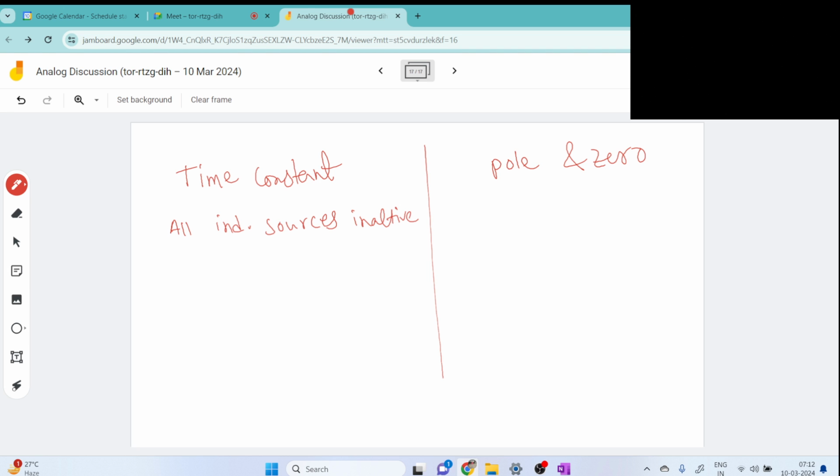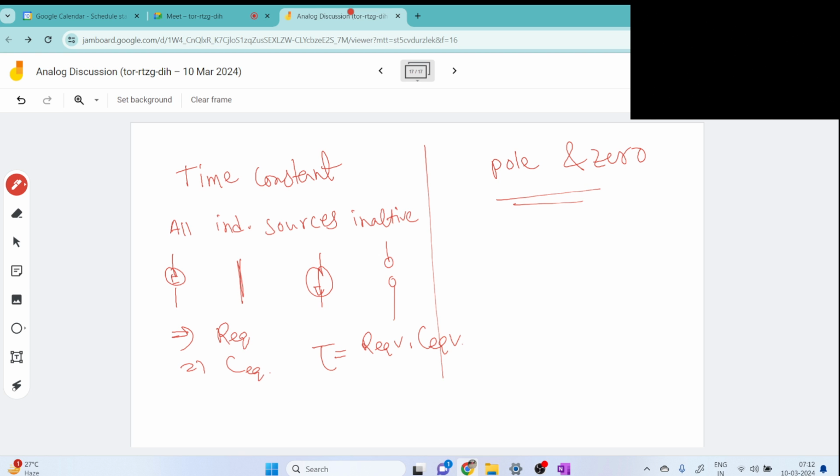So all the independent sources are inactive: a voltage source will be short circuited, and a current source will be open circuited. Then we find the equivalent resistance and equivalent capacitance. The time constant will be R equivalent times C equivalent. And to find the pole zero, we will use intuition again in the next part.